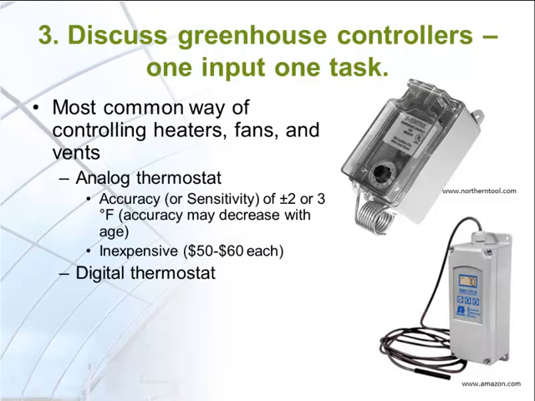Cost-wise, it is inexpensive, running around $50 to $60 each. Digital thermostat is more sensitive to temperature change with a plus minus 1 degree Fahrenheit temperature sensitivity. Cost-wise, it is around $100 and is more accurate and has greater longevity.